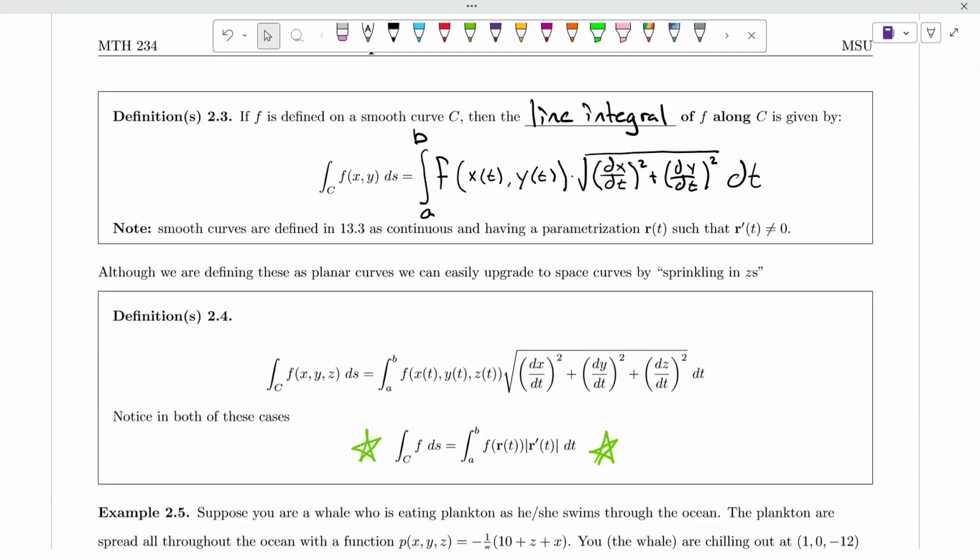The integral of f ds. So ds, again, is our differential or integration token for moving along the curve, and I'm just going to slap a function in front of that. If that function is 1, the line integral just returns the arc length, as we saw a moment ago. But for some other broadly defined function, I can just get a line integral where I plug something in and try to integrate it.